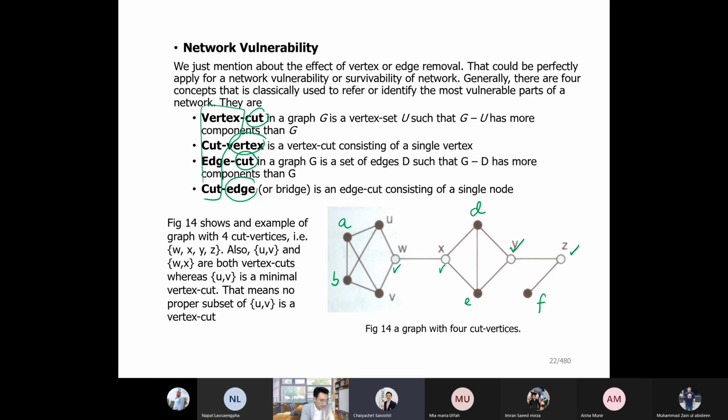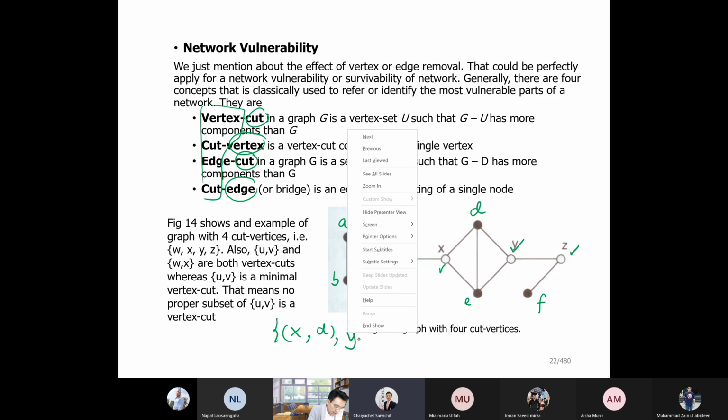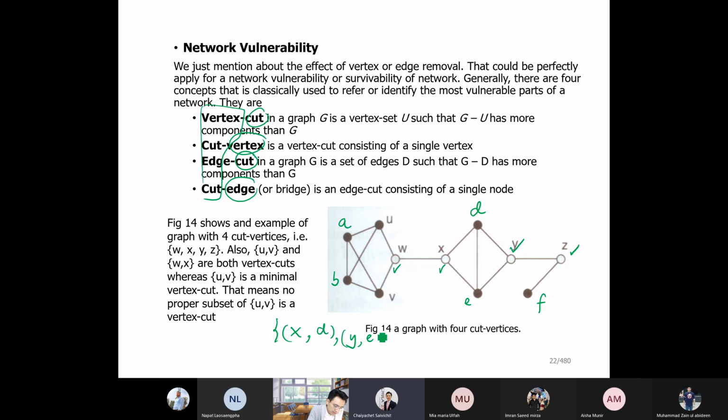If I ask you, let's try X D and Y E. Are these cut edges or not?